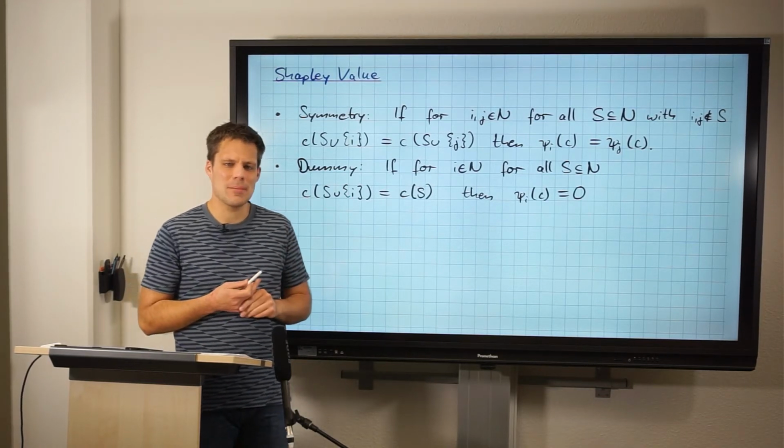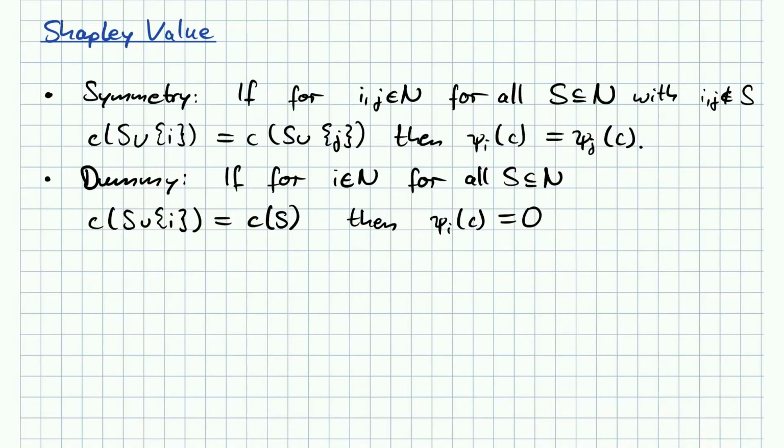This is the dummy property. Now, one further property that we've seen a number of times, we want the cost sharing vector to be efficient. So it should sum up to exactly the cost that all agents have together.